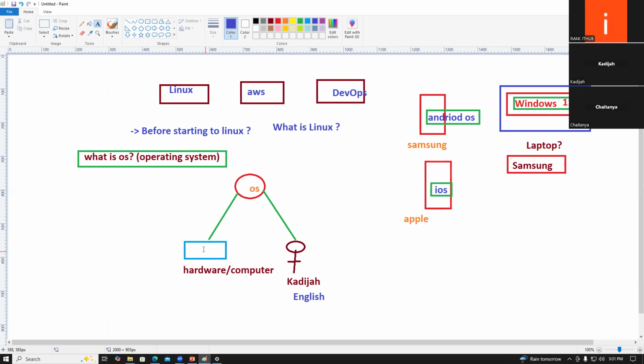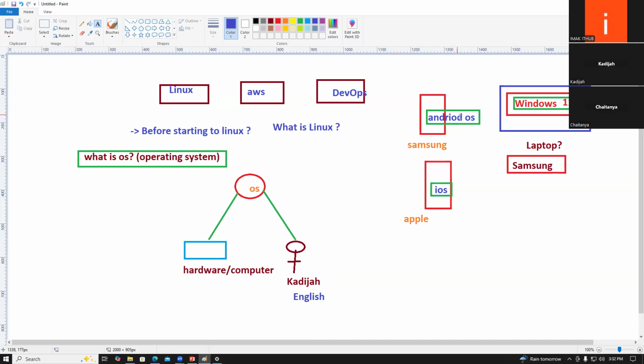So hardware knows which language? Hardware means your Samsung laptop, your Samsung phone, your Apple phone. So who built the hardware? Your Samsung phone is nothing but hardware. But in the Samsung phone, the Android OS is installed.